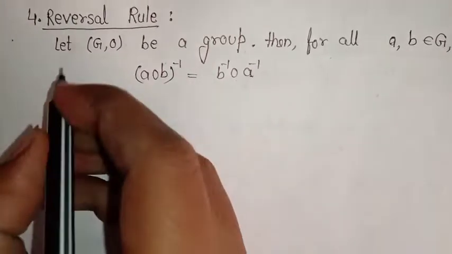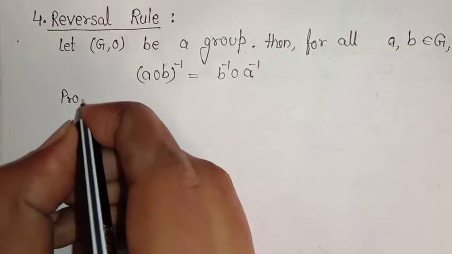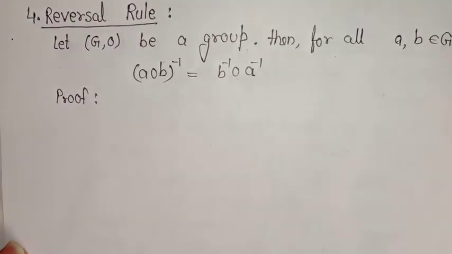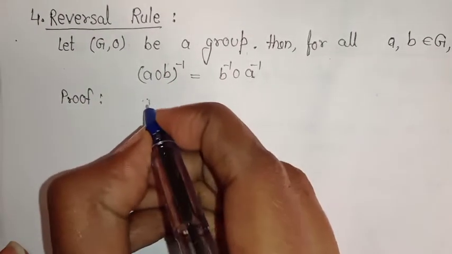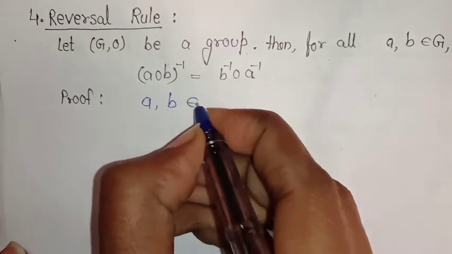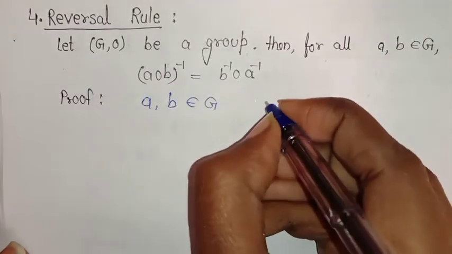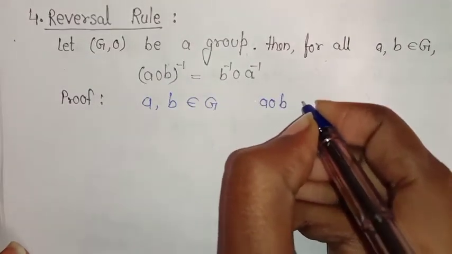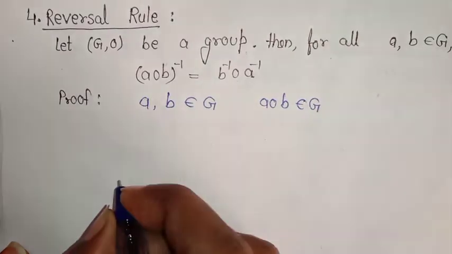In order to prove this theorem, firstly, we know that if a and b both are elements of G, this implies a ∘ b must be an element of G by the closure property.